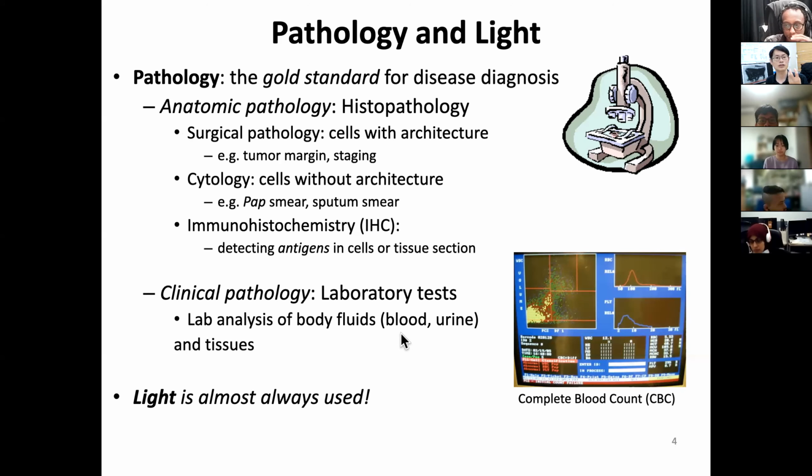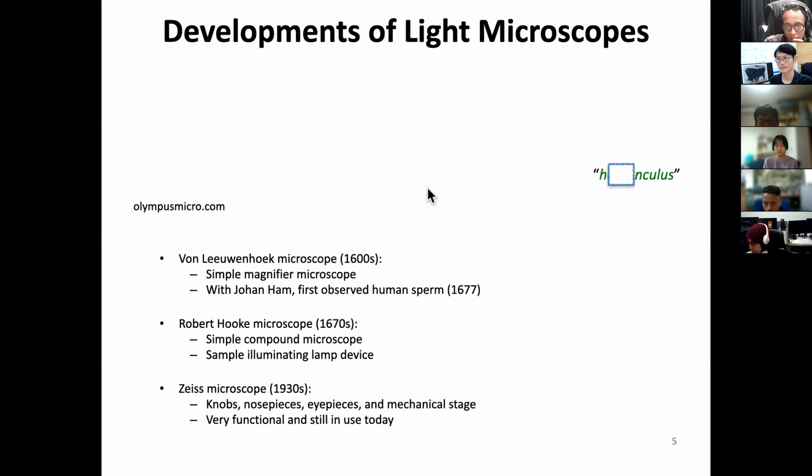You can take this blood and get a blood count based on a flow cytometry type plot. You can measure whether you have too many white blood cells, indicative of whether you are in infection or not. In all of this, in fact, light is almost always used.